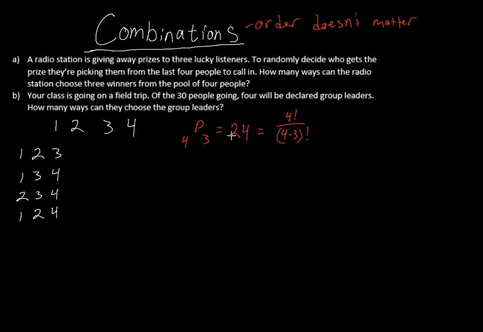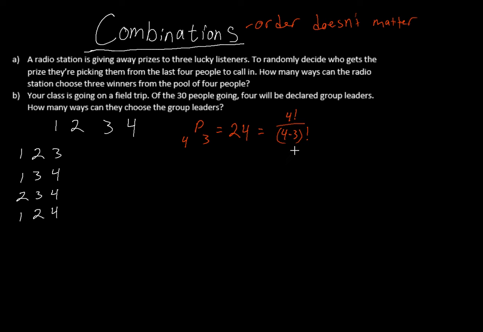But we don't want all 24 of these. We've got duplicates, just like we did with permutations. When we looked at that word somewhere, E showed up 3 times, so we had to divide by those. Well, we've got 3 things that are going to show up again. It doesn't matter the order. The first person chosen can be very easily switched with the second person chosen.